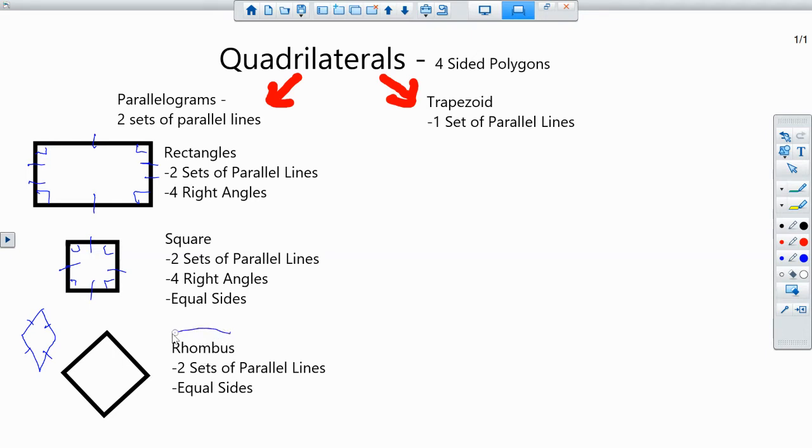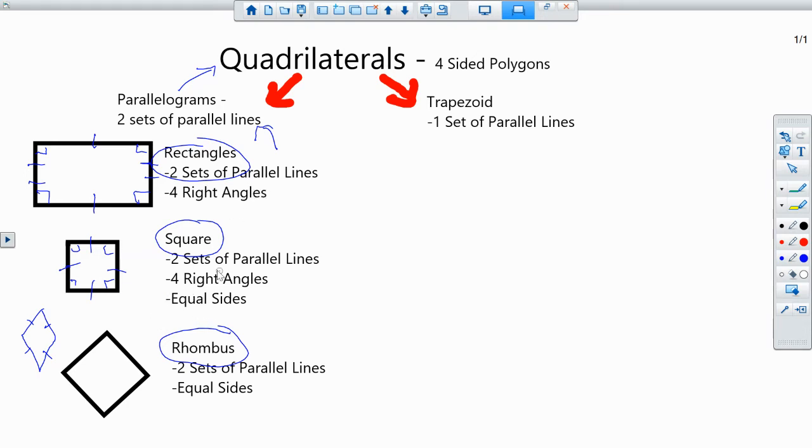So we have a rhombus, a square, and a rectangle that are all parallelograms, which have two sets of parallel lines. Parallelograms are quadrilaterals. So all three of these are quadrilaterals. All three of these are parallelograms. A square is a rectangle because it has two sets of parallel lines and it has four right angles.